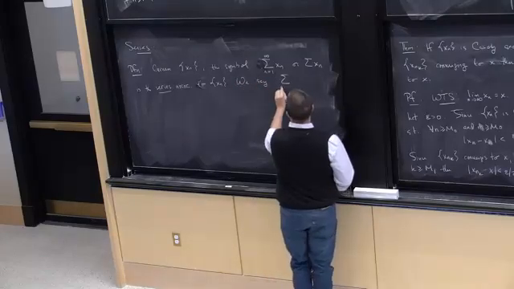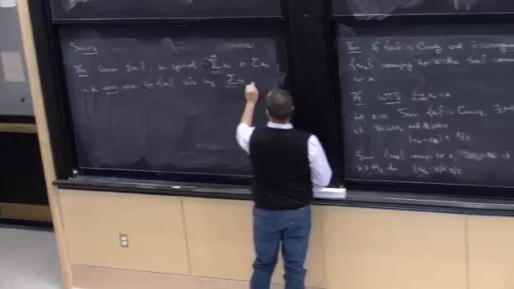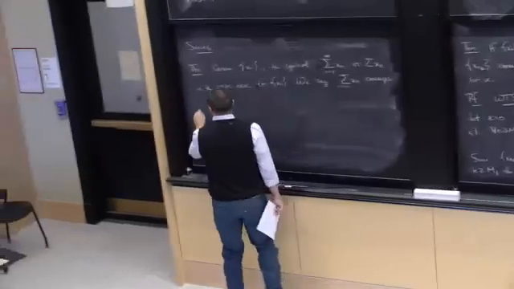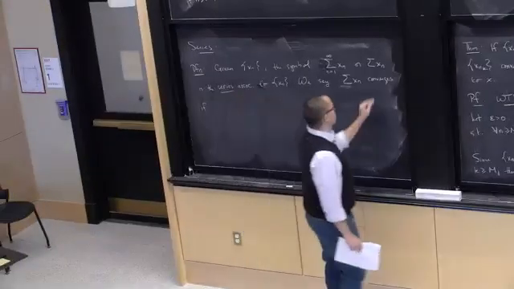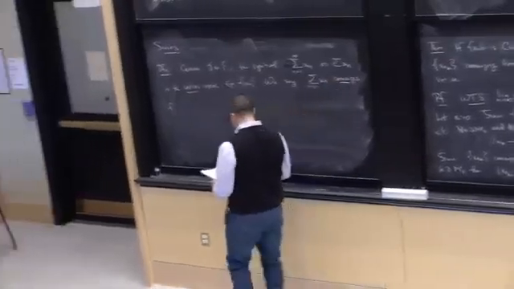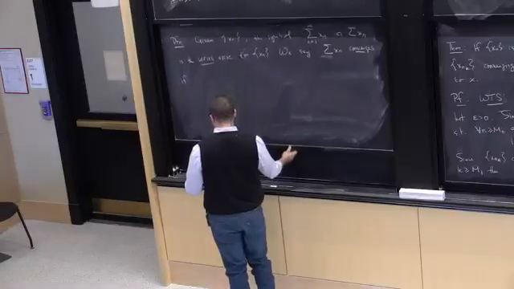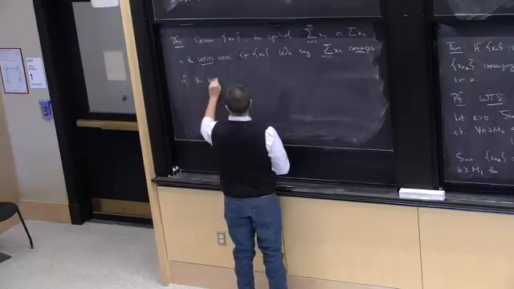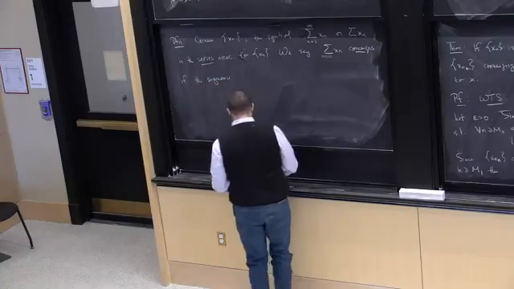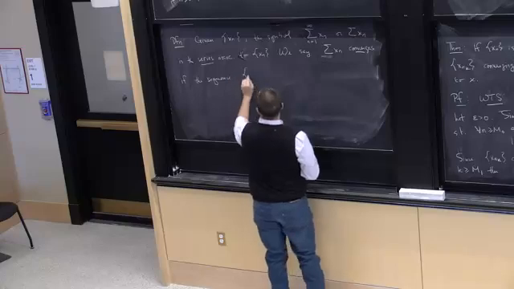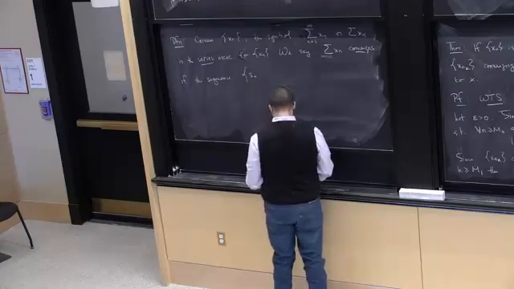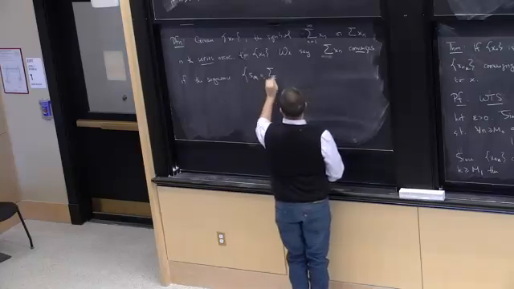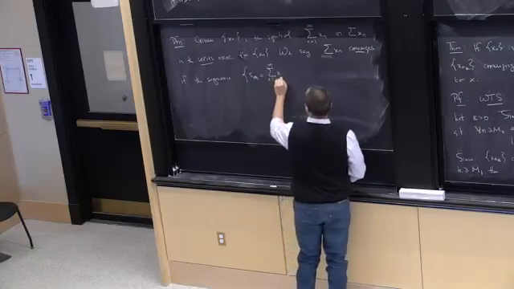We say that the series converges if the following sequence given by S sub m equals, so what is this?